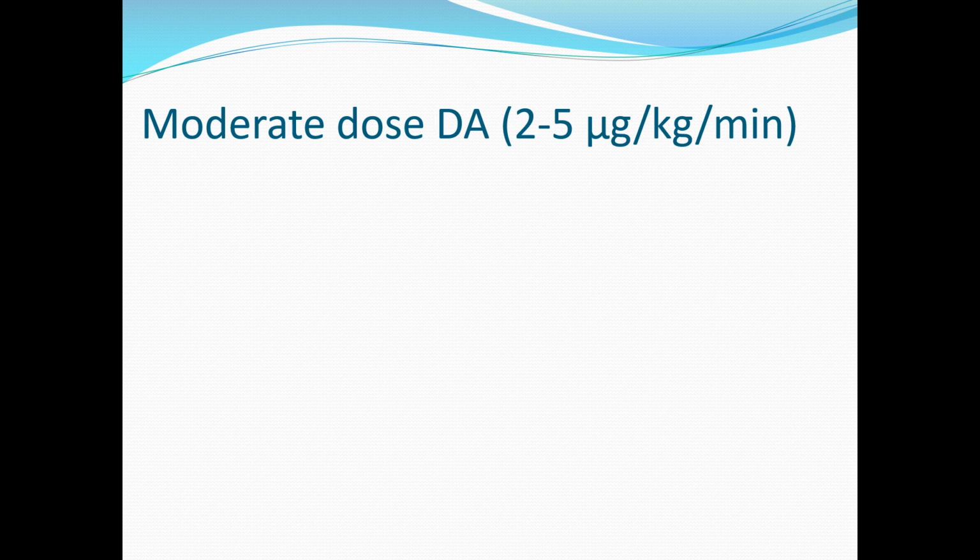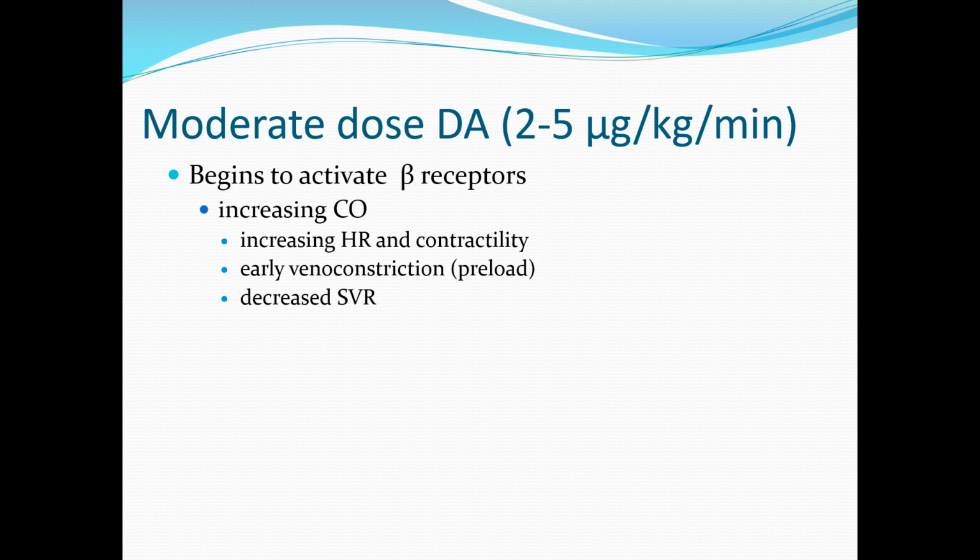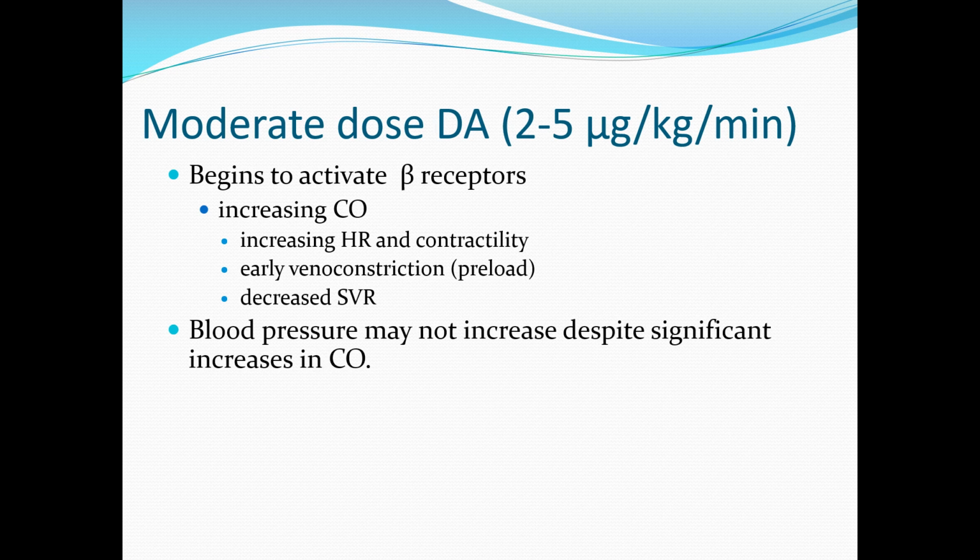And moderate dosing is 2 to 5 mic per kilo per minute. It begins to activate some beta receptors now. So we're moving to beta in addition to alpha. So we get increasing cardiac output from increasing the heart rate and contractility. Again, early venoconstriction from preload, decreasing systemic vascular resistance.